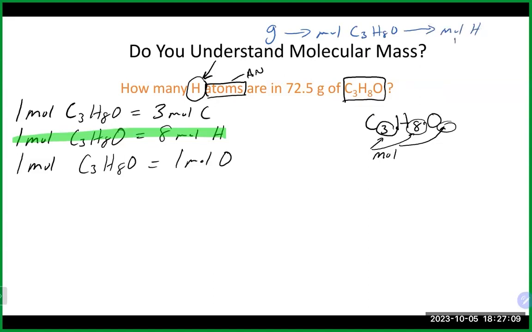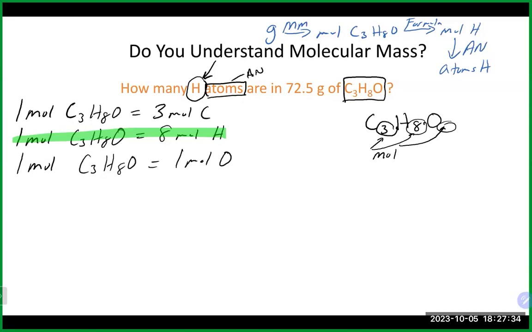Once we have moles of hydrogen, we need to go to atoms of hydrogen. We have our molar mass, we have our formula, and we have Avogadro's number on the back end of the calculation to get to where we're looking for. So the first step is to get the molar mass of this compound.